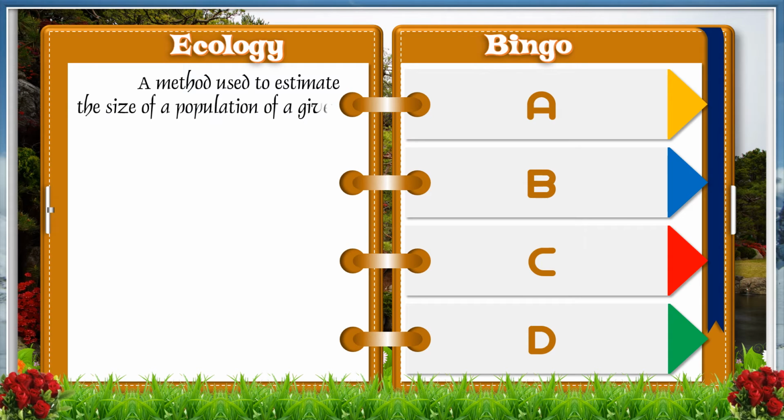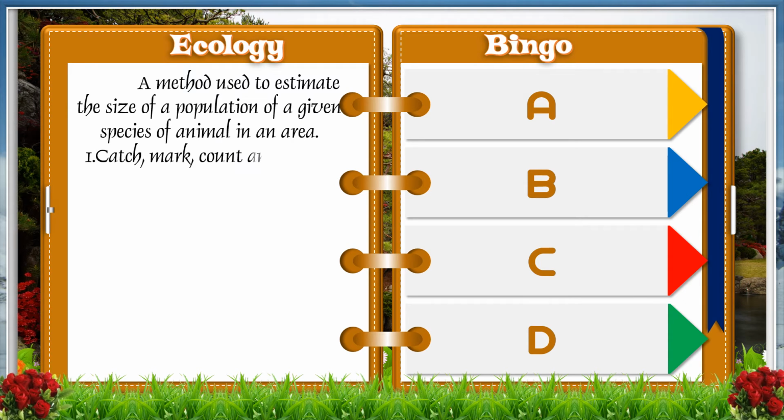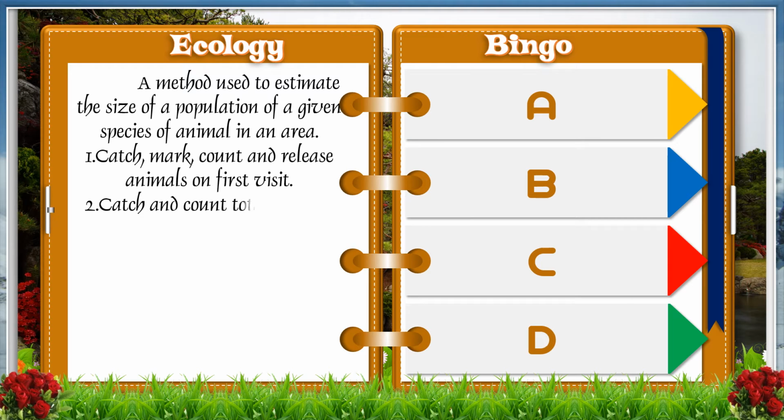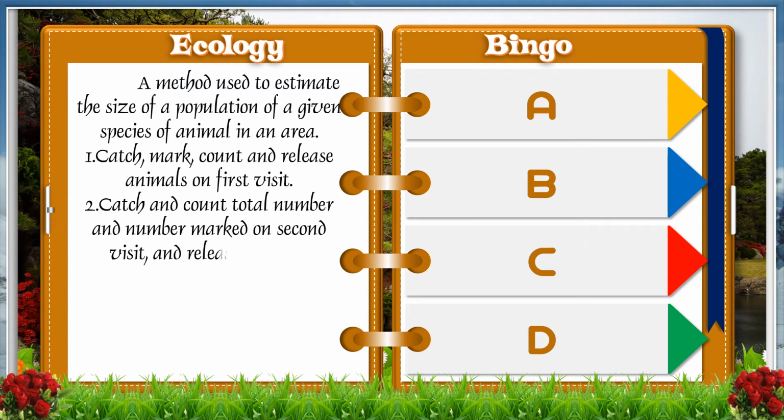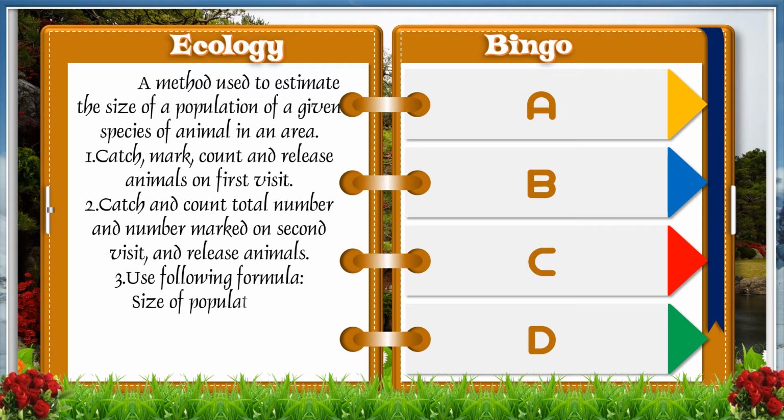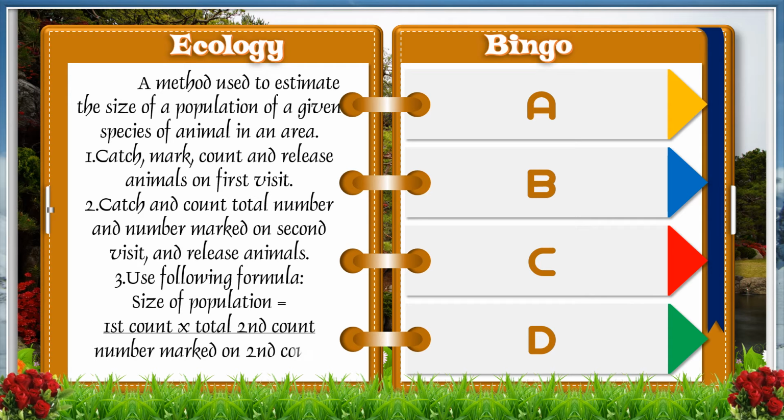A method used to estimate the size of a population of a given species of animal in an area. 1. Catch, mark, count, and release animal on first visit. 2. Catch and count total number and number marked on second visit and release animals. 3.